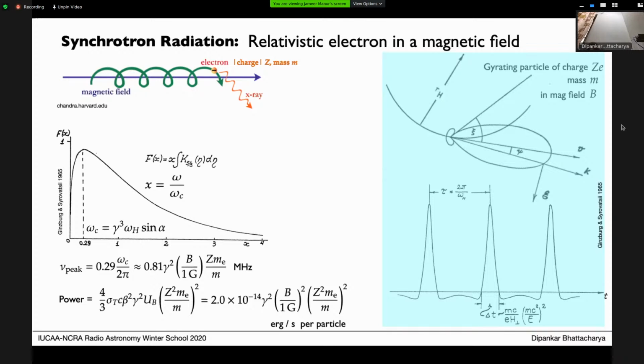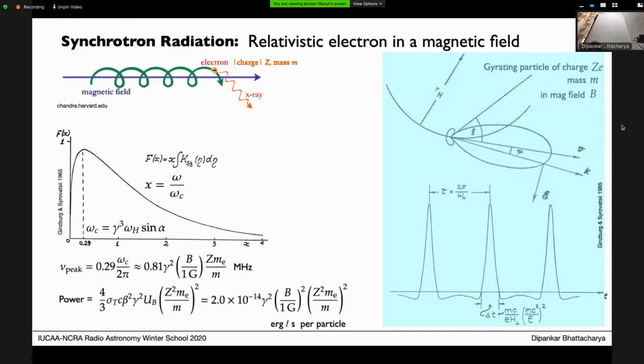Now the gyro frequency itself, when the Lorentz factor is high, goes down by a factor of gamma from the cyclotron frequency, as I mentioned before, 3 megahertz per Gauss. So gyro frequency omega_H itself is the cyclotron frequency over gamma, but the peak of this emission is at gamma cubed times the gyro frequency. So the frequency at which it peaks is proportional to gamma squared times the cyclotron frequency. Cyclotron frequency is a fixed number for an electron, which is 3 megahertz per Gauss.